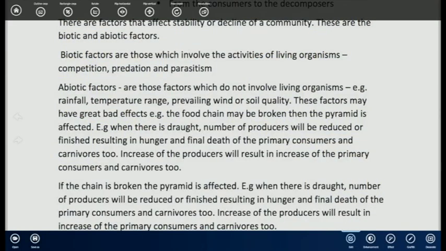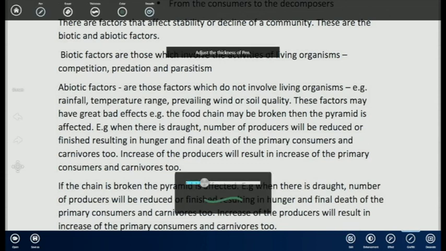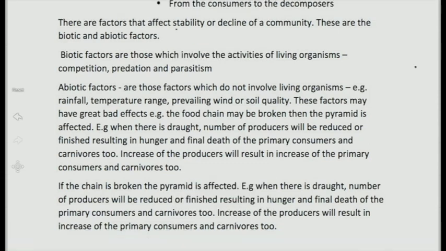Going back to where we have just left, we are saying there are factors that affect the stability or decline of a community. These are the biotic and abiotic factors.